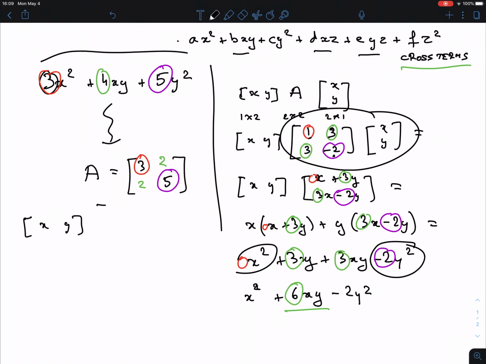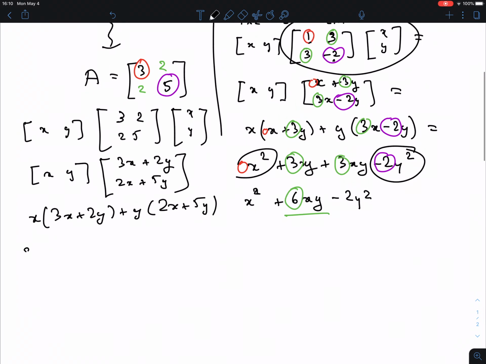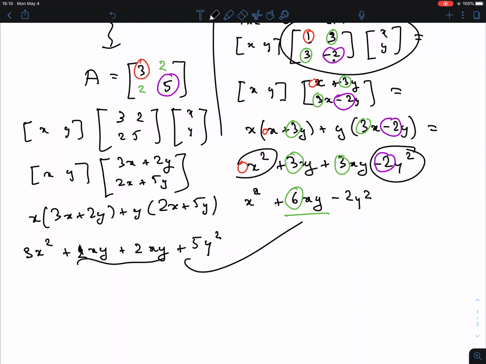x, y, 3, 2, 2, 5, x, y, that's x, y, 3x plus 2y, 2x plus 5y, so that is x times 3x plus 2y plus y times 2x plus 5y, that is 3x squared plus 2xy plus 2xy, I was going too fast, plus 5y squared, and this should combine exactly to give me, wait, what happened?